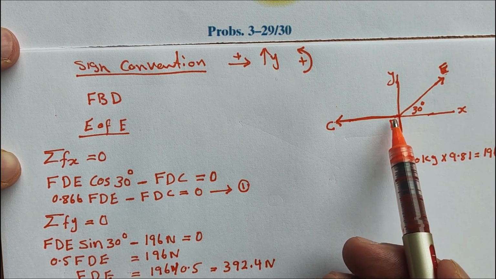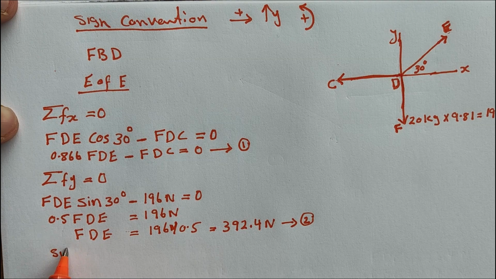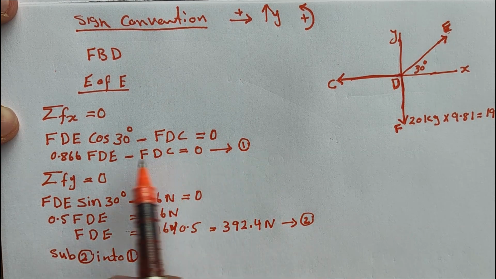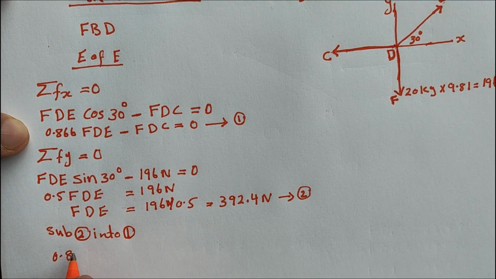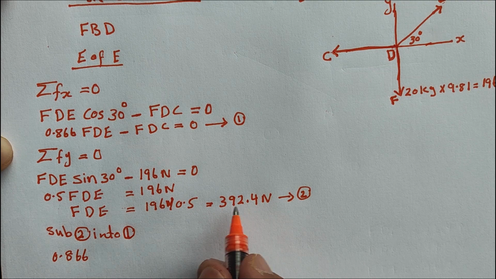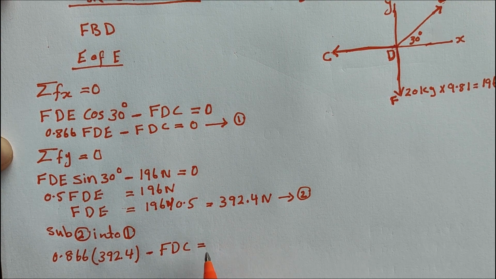What about FDC? For FDC, we will take FDE and substitute it into equation 1. Let's call this one equation 2. Substituting 2 into 1, the first equation here, we have 0.866 times FDE, which we found to be 392.4, minus FDC equal to 0.